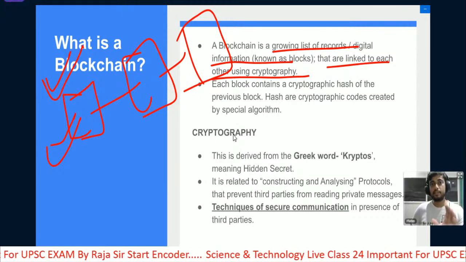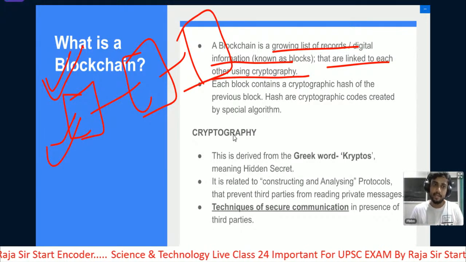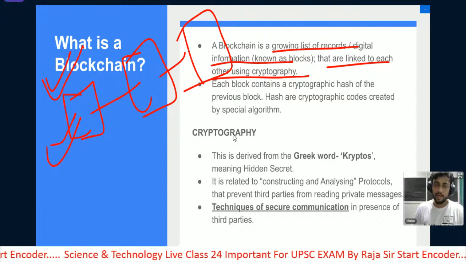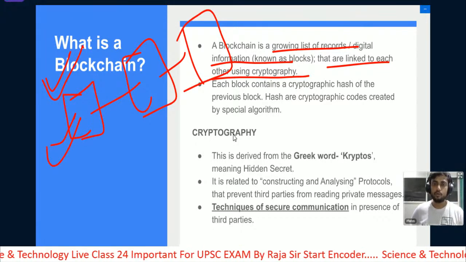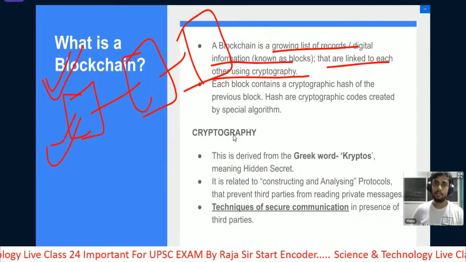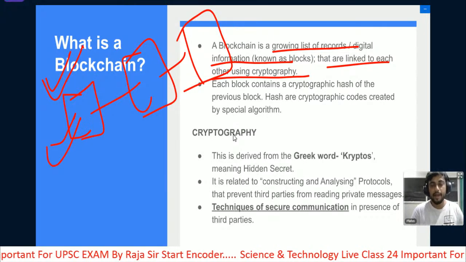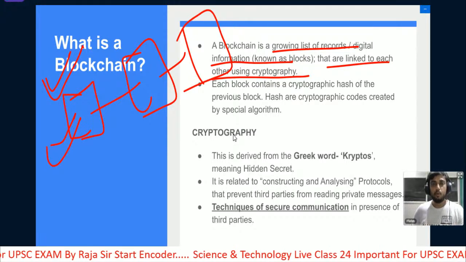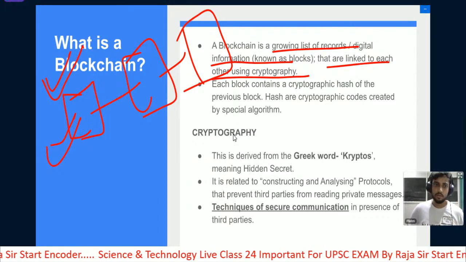So your data is digitally stored somewhere. If your phone breaks, you will get a new phone, and you will be able to retrieve your data from the cloud using certain passwords and other things. So that is also a way of information storage, and the blockchain offers you an alternative way of storing the information.